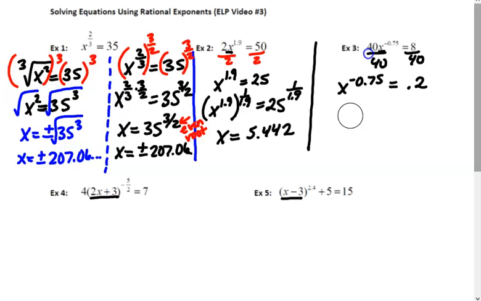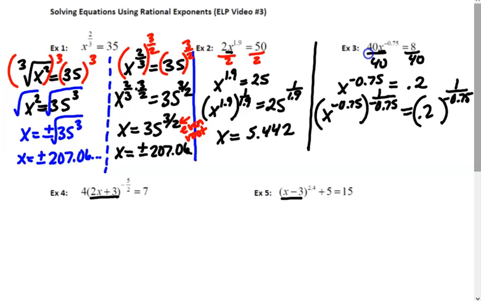Let me write this again: x to the negative 0.75 raised to the 1 over negative 0.75 power equals 0.2 to the 1 over negative 0.75 power.